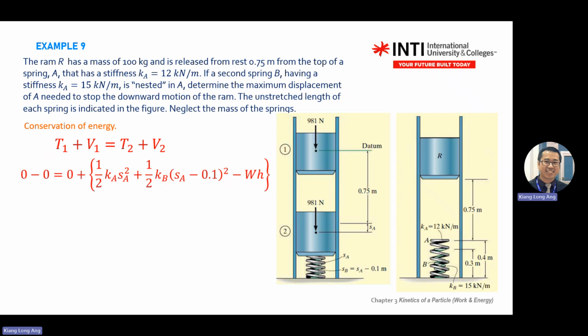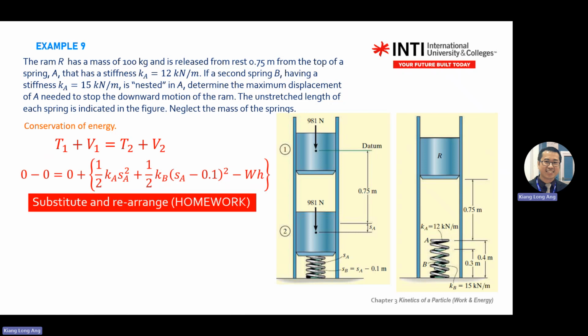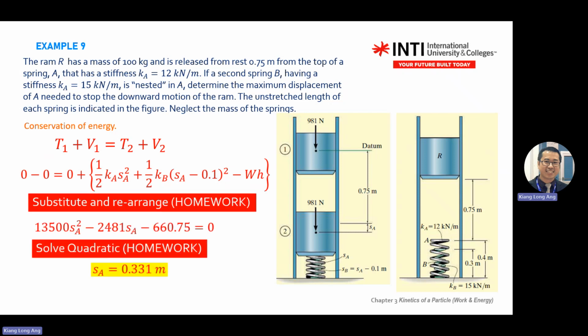Okay, you have all the unknowns there already. So you substitute, you check the answer. What I need to highlight is that this one you have a quadratic equation. Quadratic, you have a positive and negative root, or positive and negative solution. Why do we pick this value and not another value?